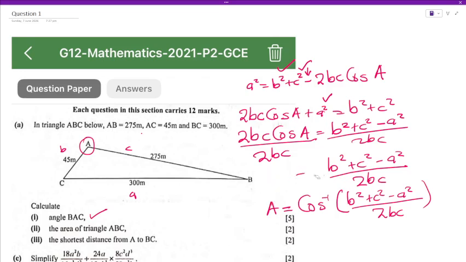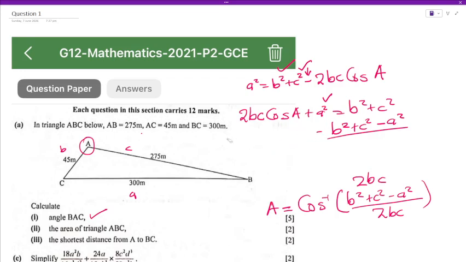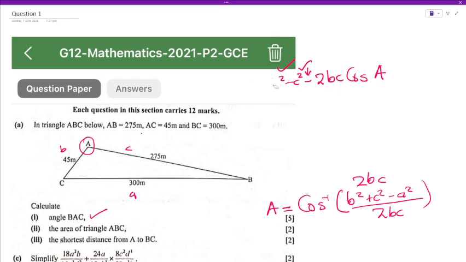Having done this, we can now take the formula up here and start solving. I already gave you several examples on how to make the angle you're finding the subject of the formula.